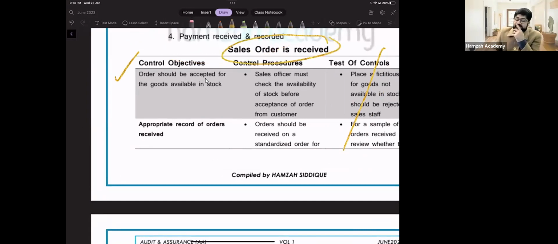The company has the objective that we accept orders only for goods which are in stock. We should not accept orders for goods which are not available, otherwise it will be problematic for us: customer dissatisfaction. So the sales officer must check the availability of stock before acceptance of the order from the customer.